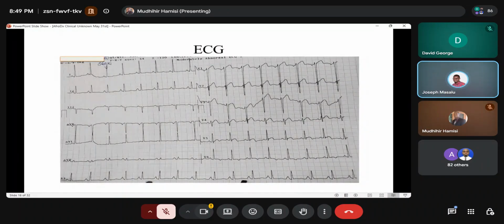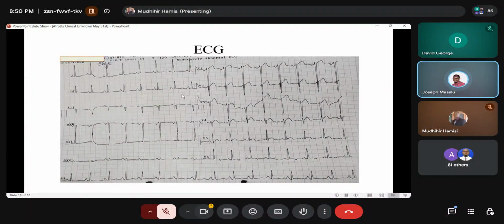ST segments are normal, I think. Not so significant findings in the ECG, except for some ST elevation in V2-3, which I think is suggestive of hypertensive changes and nothing else.